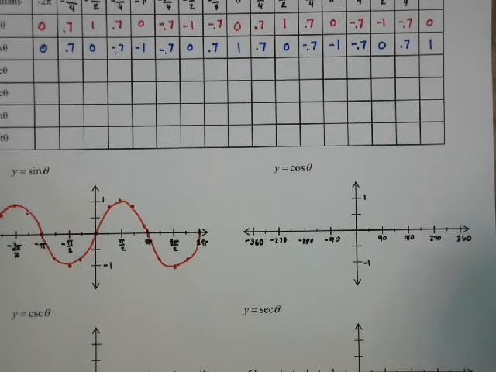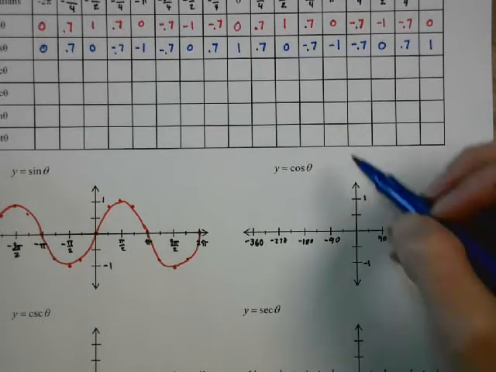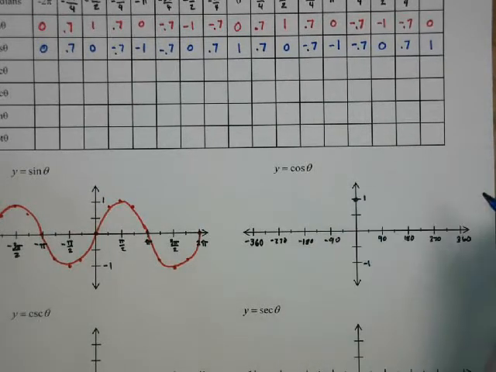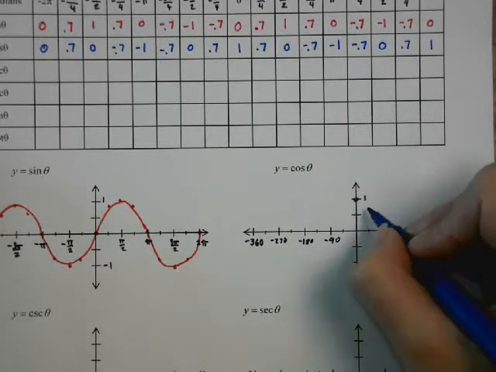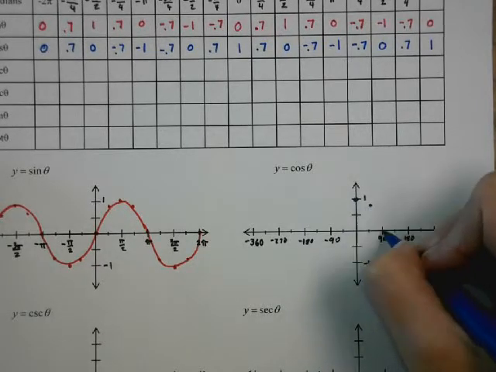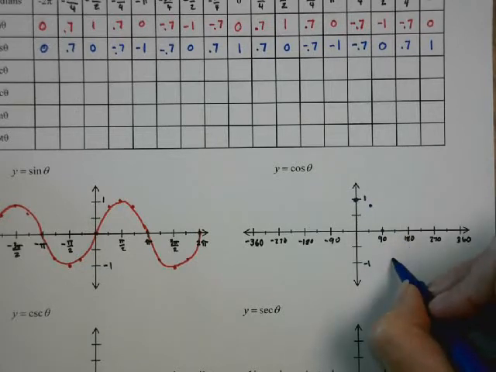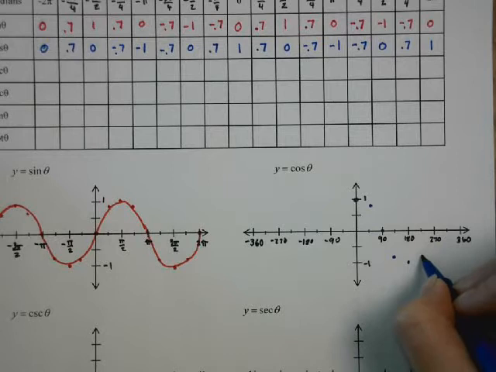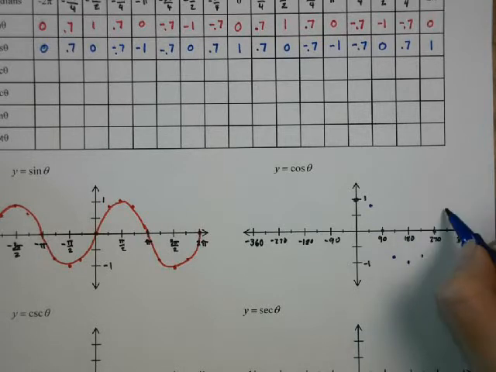And we will graph. So the cosine graph, cosine of 0 is 1. So it's going to start up here at 1. Then it's going to go to that 0.7, then 0, negative 0.7, negative 1. And again, you're going to see the same pattern that we saw for sine.